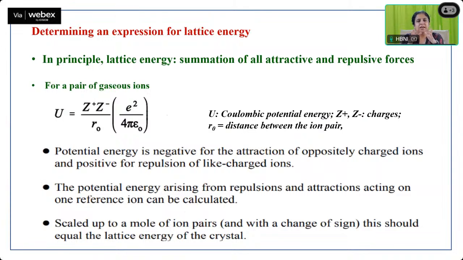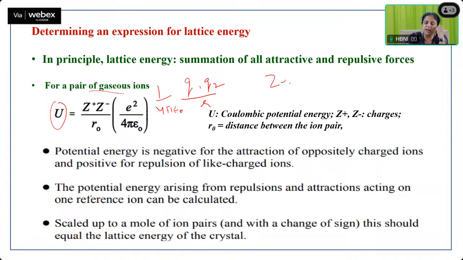We also know that for a pair of gaseous ions, if you remember the physics, the potential energy is Q1 Q2 by R, that is, 1 by 4 pi epsilon naught, Q1 Q2 by R. This is the formula for the potential energy.